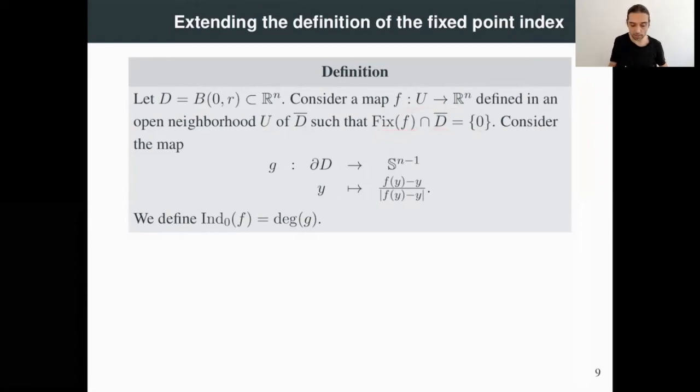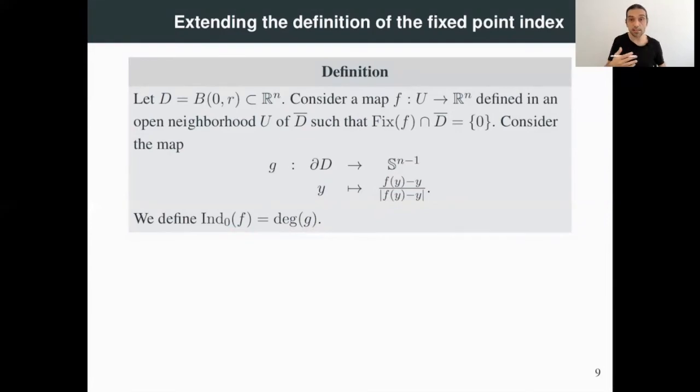Now we can consider this map from the boundary of the ball to the sphere of dimension n-1 that sends y to (F(y) - y) over its norm. And since there are no other fixed points other than the origin, this map is well defined because the denominator is always different from 0. In this way, we define the fixed point index of F at the origin as the degree of this map.